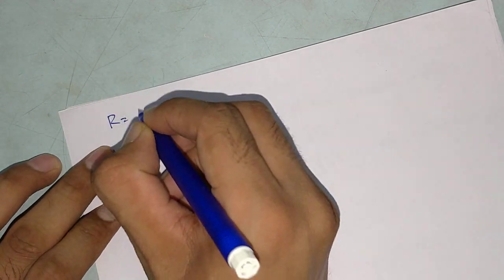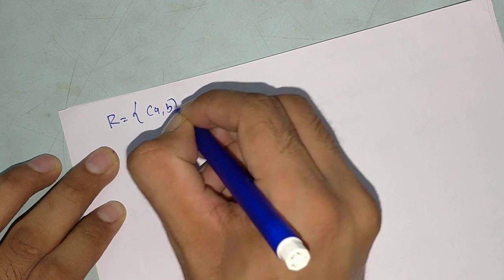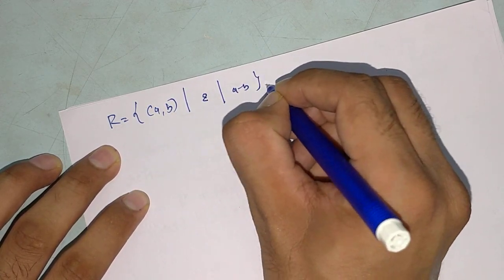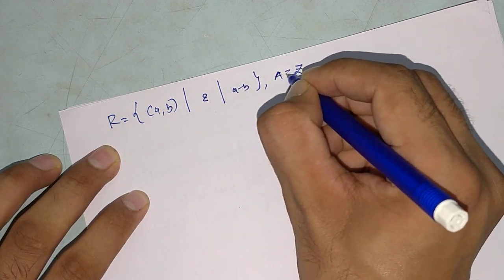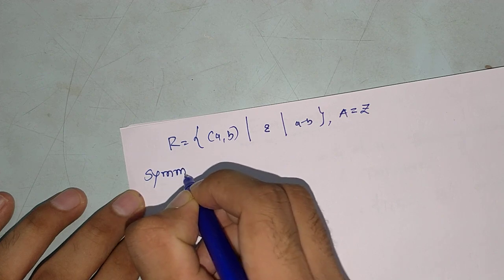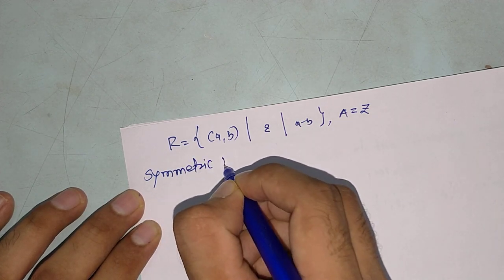Okay, now the second part of the proof, to prove an equivalence relation, is the relation which is given as R equals {(a, b) such that 2 divides a minus b} and our set is Z. Now the second property we have to prove is symmetry. Now what does symmetry say?